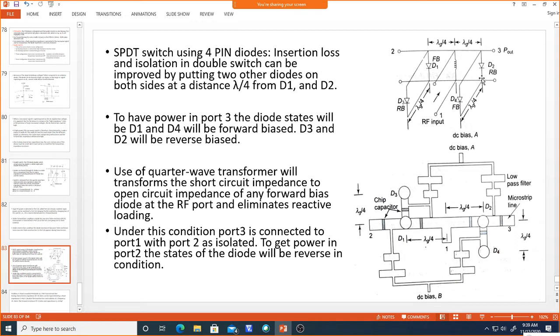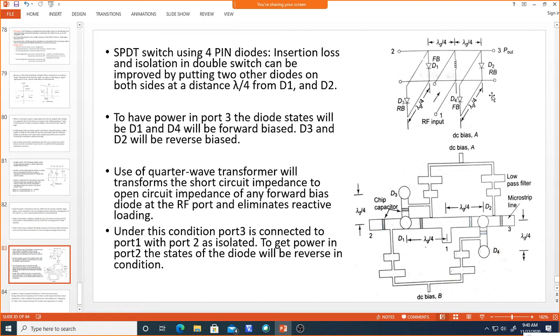Now, to have power at port 3, the diode states will be: D1 and D4 forward biased, and D3 and D2 reverse biased. Whenever you put that condition, we will have the power at port 3. The quarter wave transformer, lambda G by 4, transforms the short circuit impedance to open circuit, because it converts capacitive to inductive and inductive to capacitive reactance.